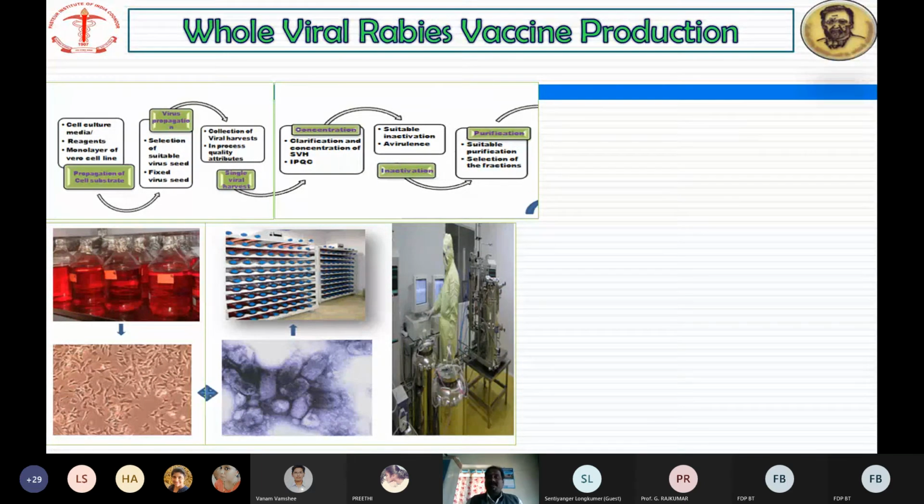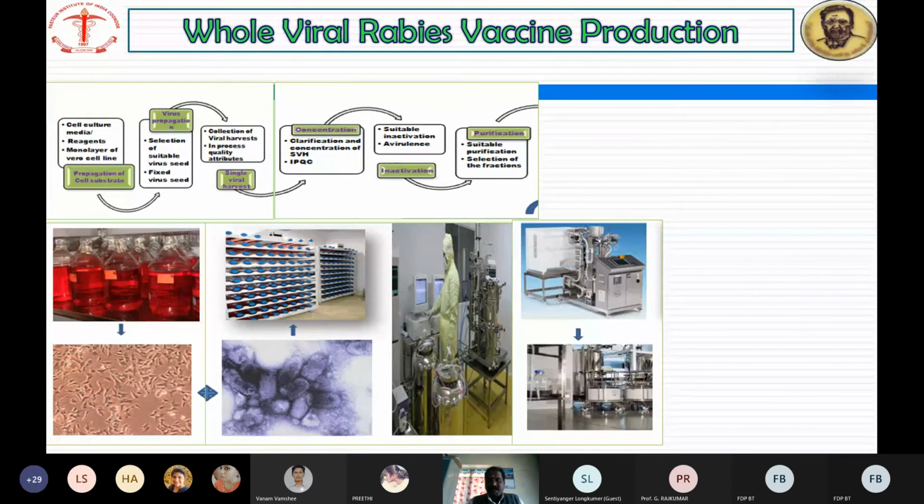We collect four viral harvests, and the entire viral harvest is pooled into a single viral harvest. That single harvest goes for concentration by clarification and IPQC testing, suitable inactivation using beta propiolactone, and is tested in animals to check virulence activity.